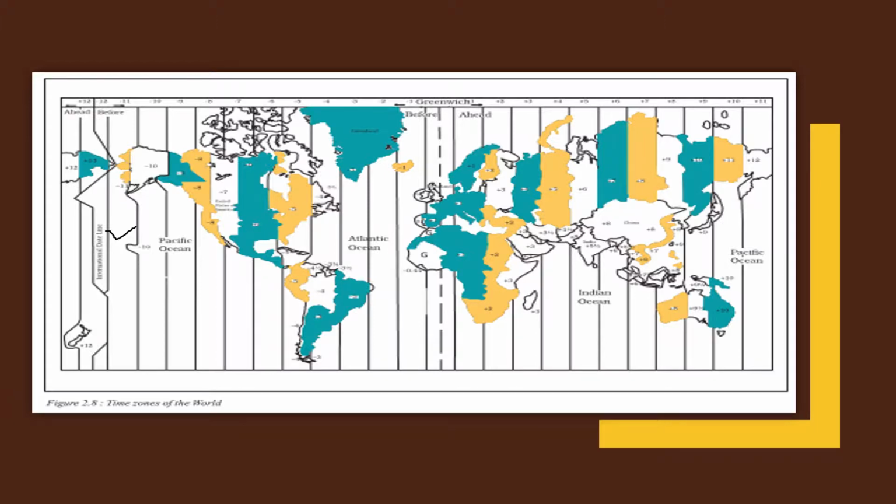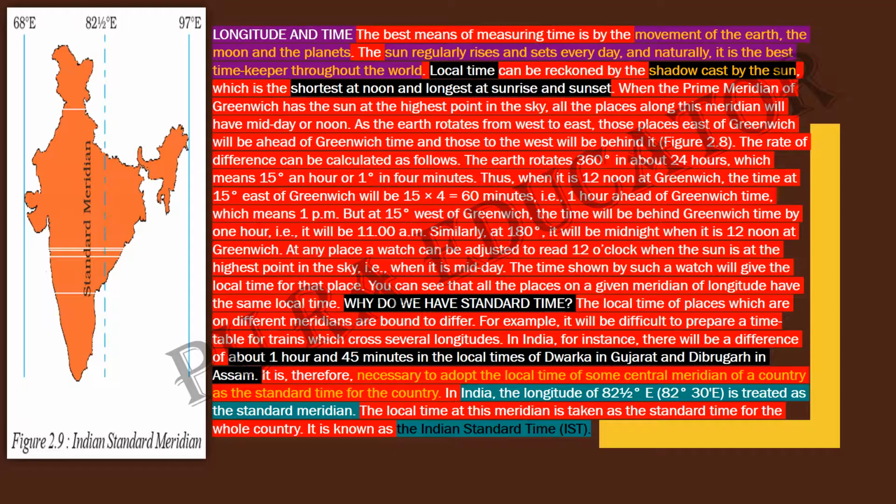Let's see. Now friends, we'll see what is the significance of longitude with time. As we know, the best means of measuring time is by the movement of the earth, the moon and the planets. Usually we see that the sun regularly rises and sets every day, and naturally it is the best timekeeper throughout the world.